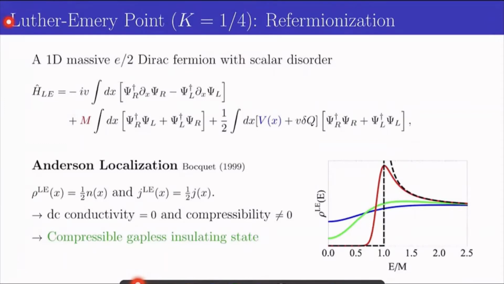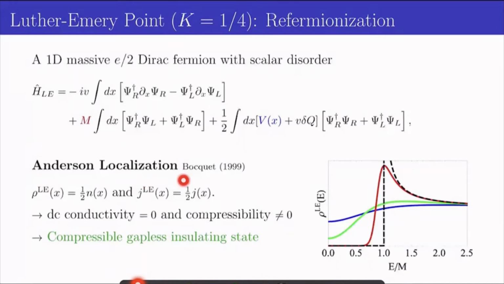We can perform a refermionization procedure for this theory, and the originally interacting problem will be mapped to a non-interacting problem. The backscattering term will be mapped to a mass term here. And this theory was studied by Boutrout in 1999. He showed that every eigenstate is Anderson localized.